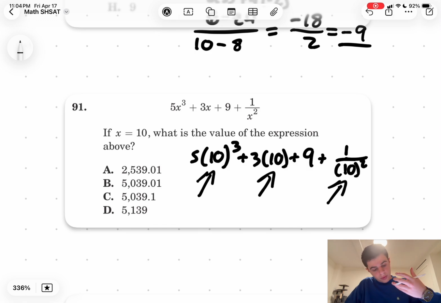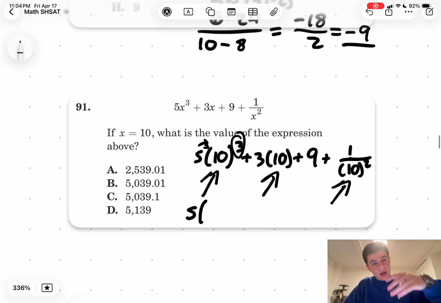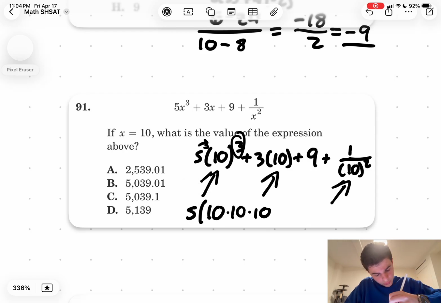We can just open all the parentheses. So 5 times, and remember, here we have an exponent, so that takes priority over the multiplication. So 5 times 10 cubed, first we have to do the 10 cubed. So 10 cubed, you just add a 0, right? So it's going to be 10 times 10 times 10, which is just going to be 1,000.